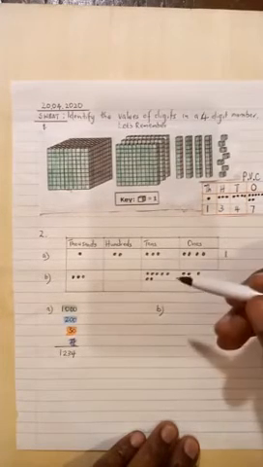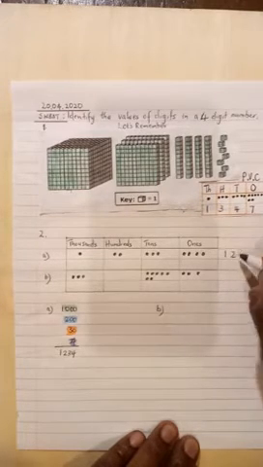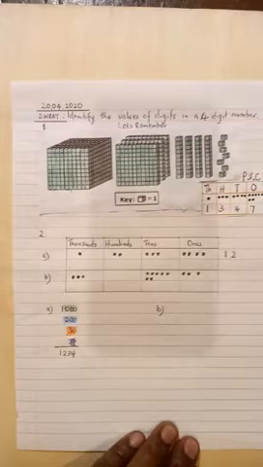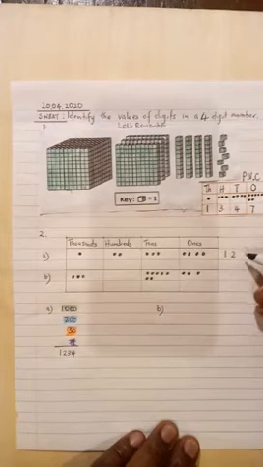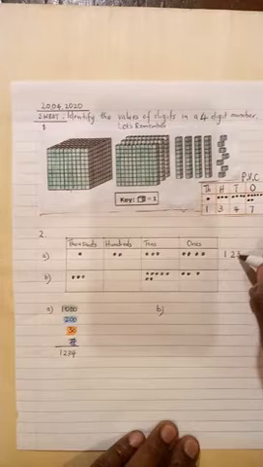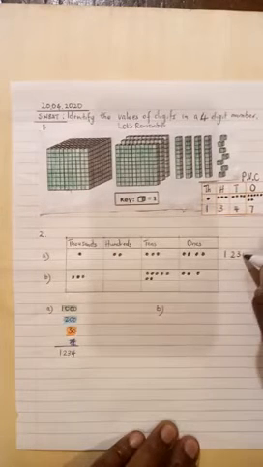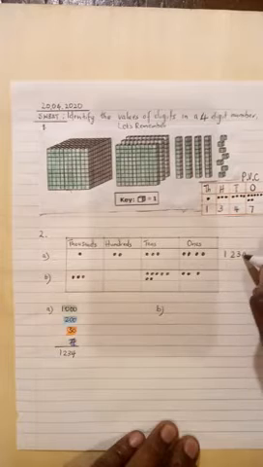And I've got 2 discs in the hundreds place, and I'll slot in my 2 for the hundreds. I've got 3 place value discs in the tens place, and I'll slot in the 3 under the tens, and I've got 4 units or 4 ones.